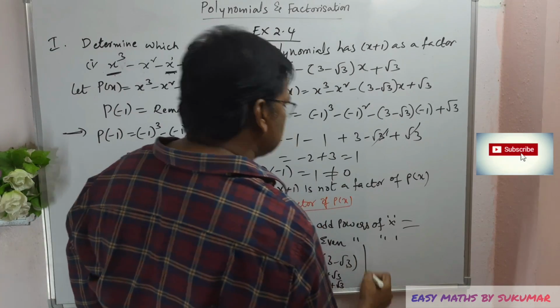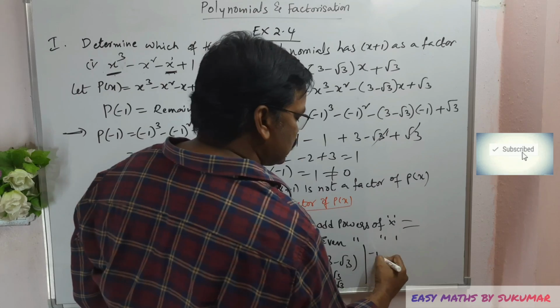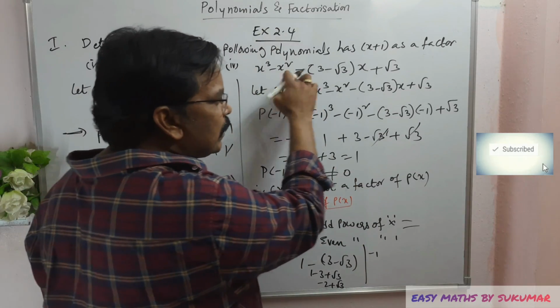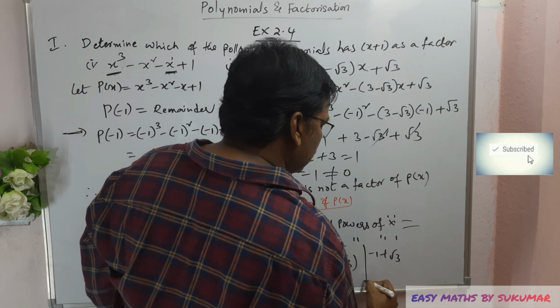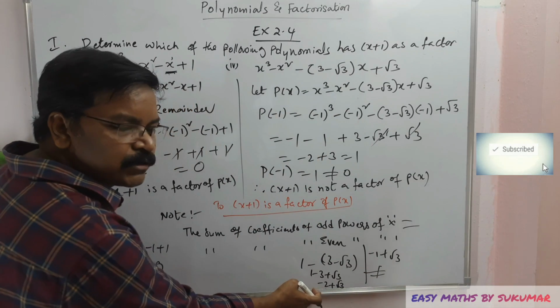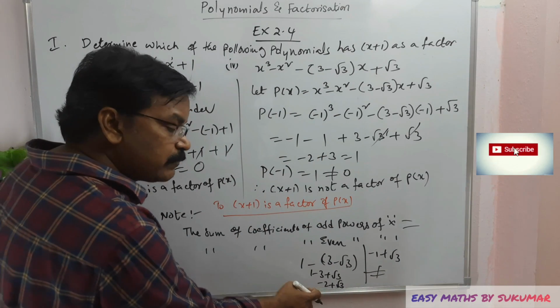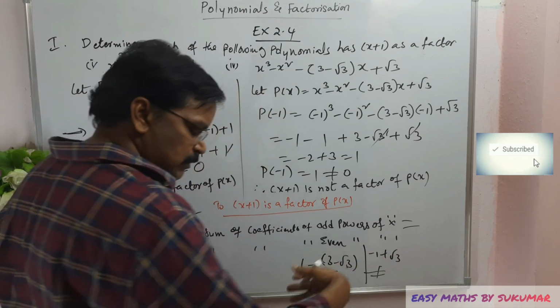Coming to the even powers, the coefficients are minus 1 for x square and root 3, so this is minus 1 plus root 3. So these are not equal, my dear students. The coefficients of odd powers of x and of even powers of x are not equal.